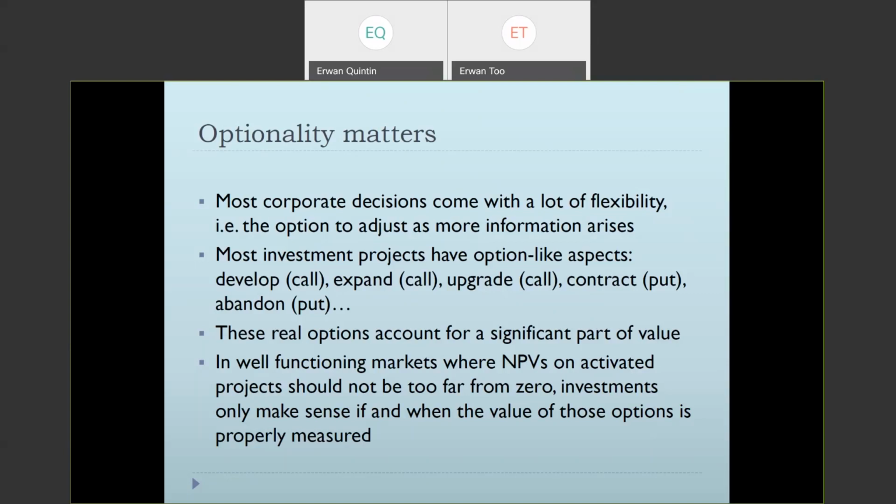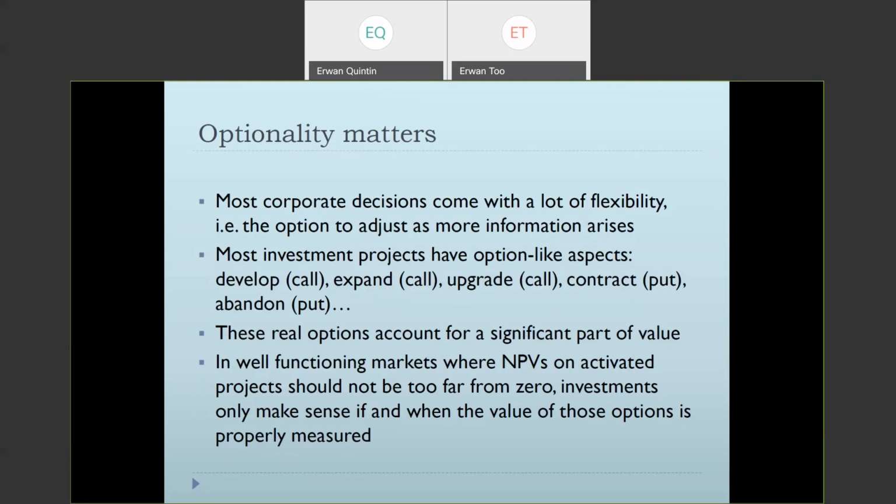If there were super high NPV deals out there, people would compete for them, they would bid them up, and we would expect in well-functioning markets that most NPVs are around zero, higher than zero, perhaps, but not too far from it.